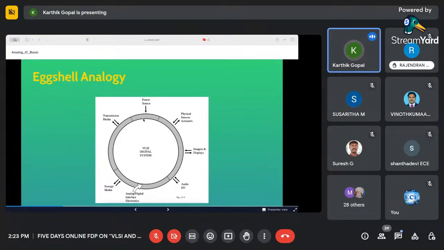Take any outer shell, it is analog. For example, physical sensors and actuators. Everything is analog. A sensor is analog. Let's say you have a pressure sensor and you press it. It takes a signal in the form of current in analog form. It is not 1 or 0.